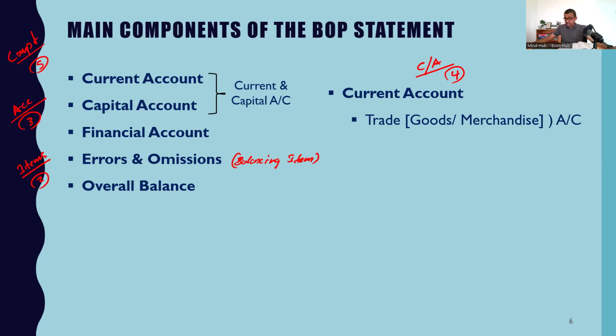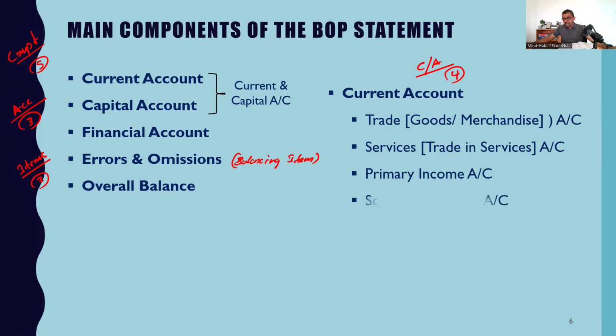We have the services account, sometimes called the trade in services account. Then we have the primary income account and the secondary income account. So there are 2 income accounts, right? Primary income and secondary income. These are the subcomponents of the current account of the balance of payment statement.